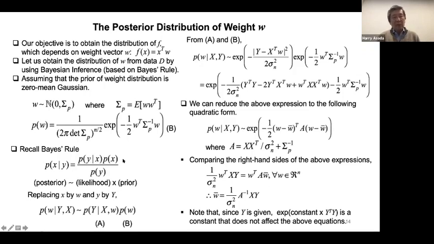So applying this to our case, let's replace x by w, because w is something we would like to predict. And y here, small y, is our large Y, basically the data.